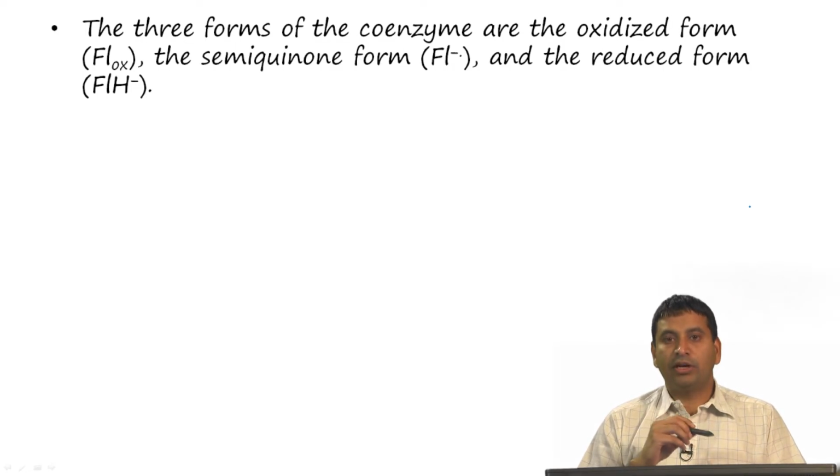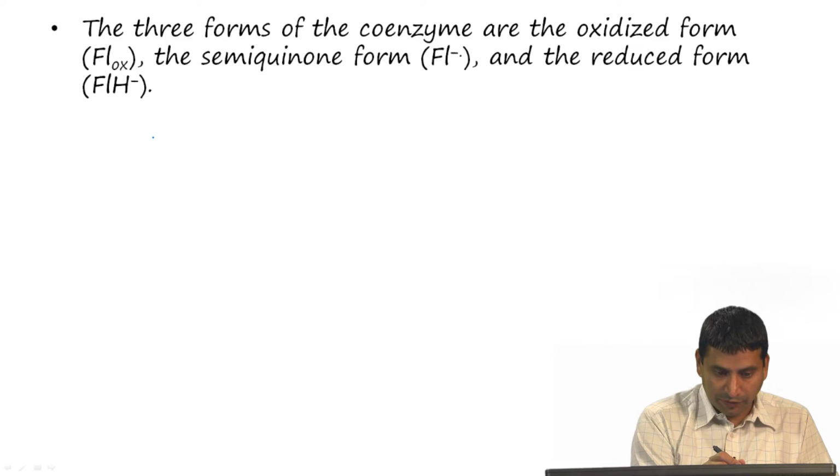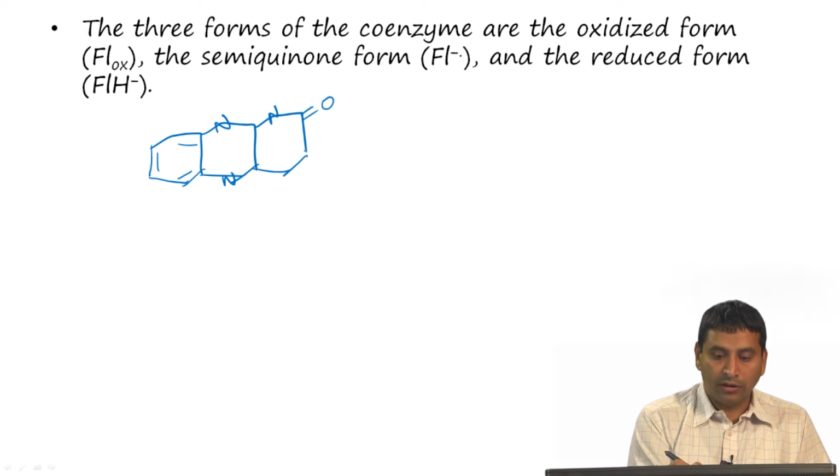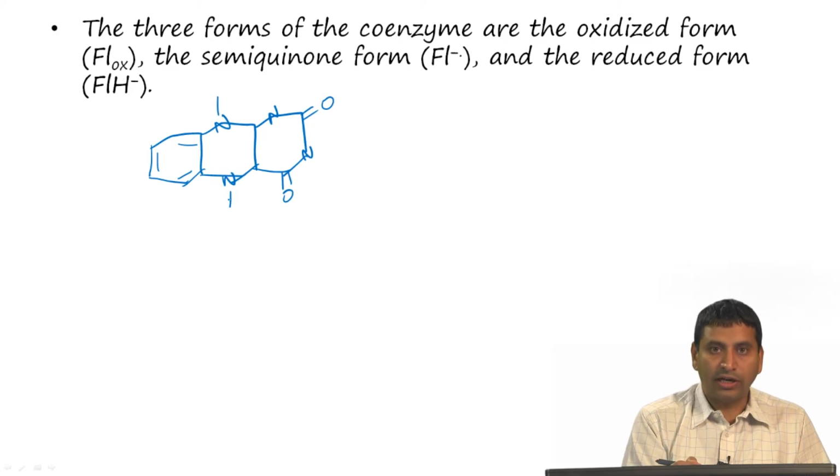Now let us look at some of the aspects of how this flavin works. Here I am going to draw the structure of flavin on the left. Basically, the tricyclic system is as follows. It has a benzene ring, and it has a nitrogen, and the third cyclic system is here, which has a C double bond O, nitrogen, C double bond O, and this structure has 2 nitrogens in the center, and this is the methyl group CH3.